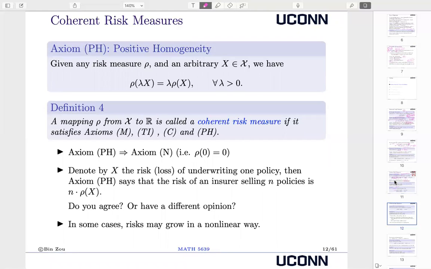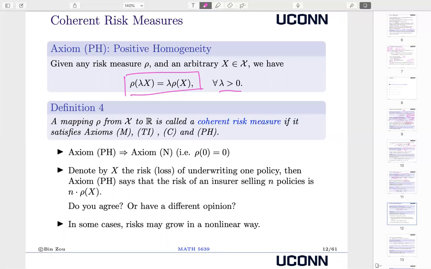Finally, we add another axiom. It's called positive homogeneity. Again, first, mathematically, it's very convenient, right? That means a constant lambda can be factored out, and it's a positive constant. How do we understand this? Let's use two examples. In the first example, we use stock trading.